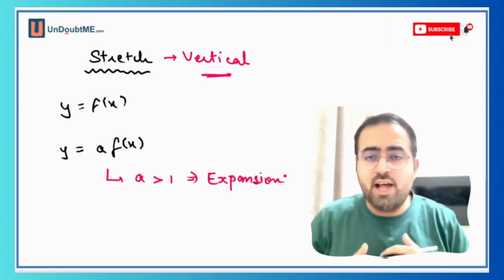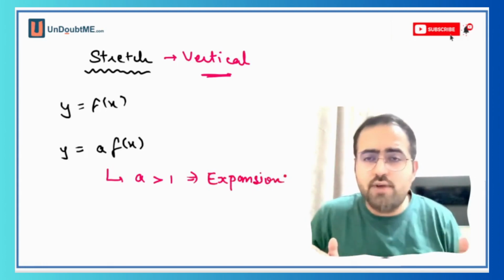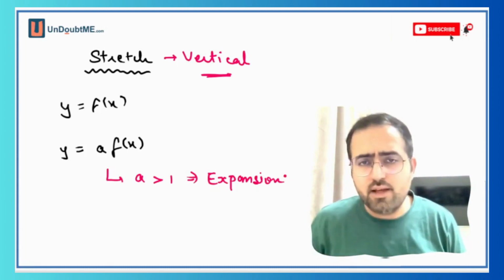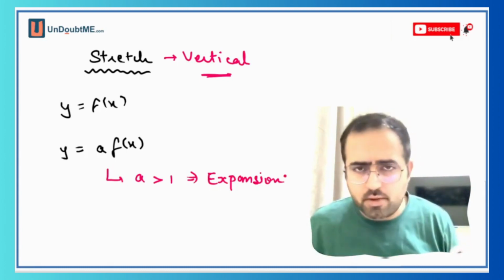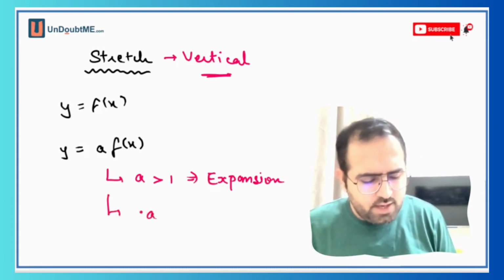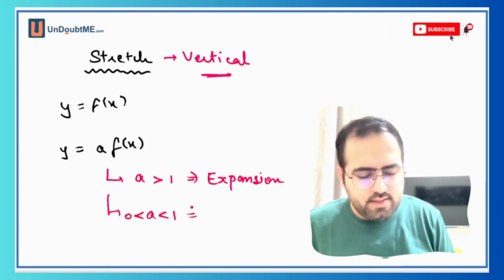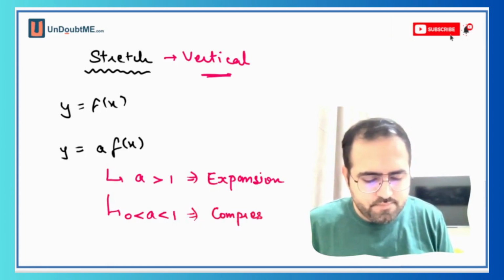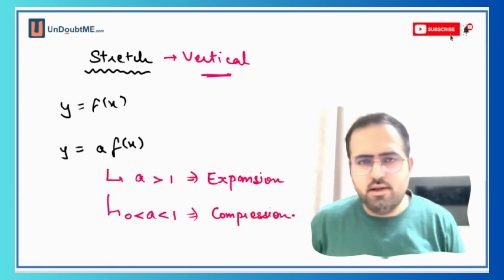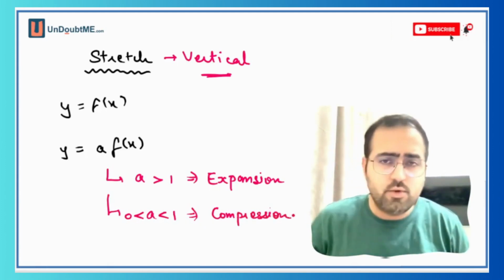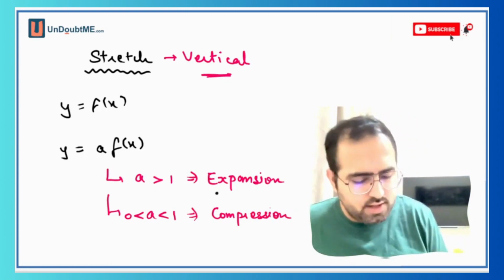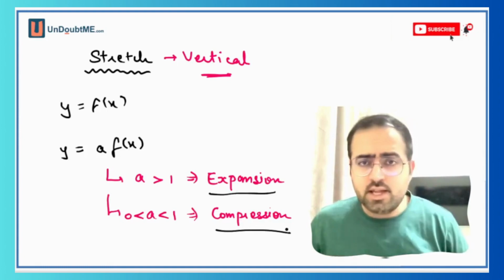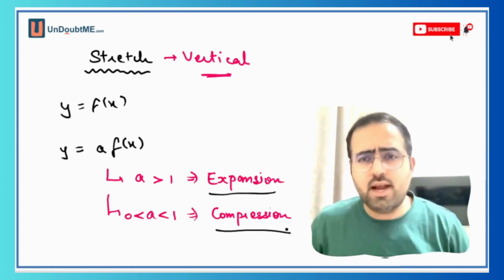Expansion means all the values of the graph will be multiplied by that multiplier. Let's say if 2 is that multiplier, then every value will become twice. Simple. Similarly, if the value of a is between 0 and 1, then the graph will be compressed. So that is vertical compression. With the same transformation y is equal to a f(x), we can understand both expansion and compression. Examples can be any; it can be applied on any random function.